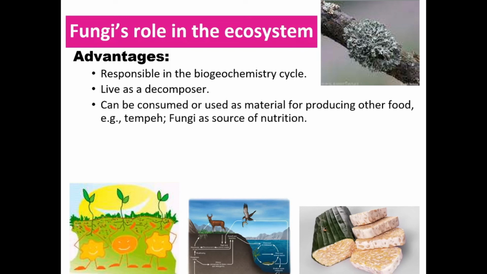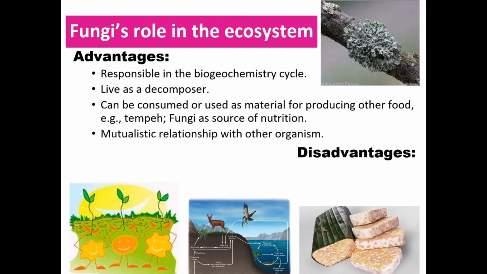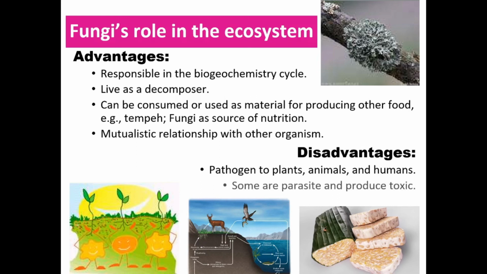Fungi are also known as a source of nutrition, and they can have mutualistic relationships with other organisms. Meanwhile, they also have disadvantages. They are pathogens to plants, animals, and humans, and some of them are parasites and produce toxins.